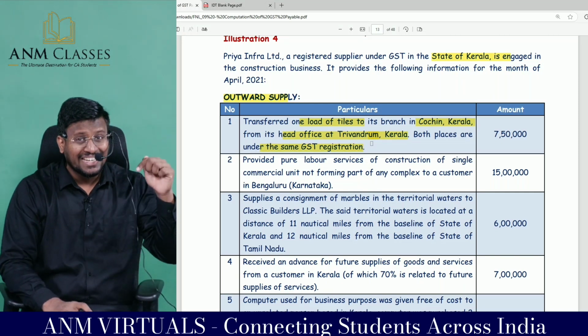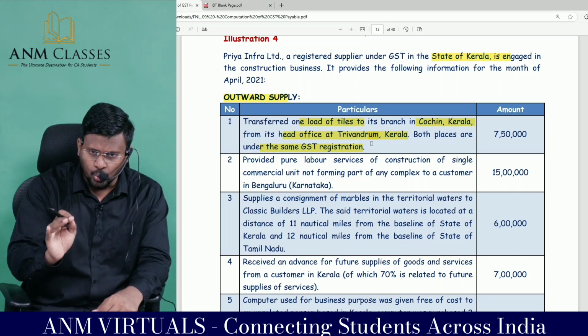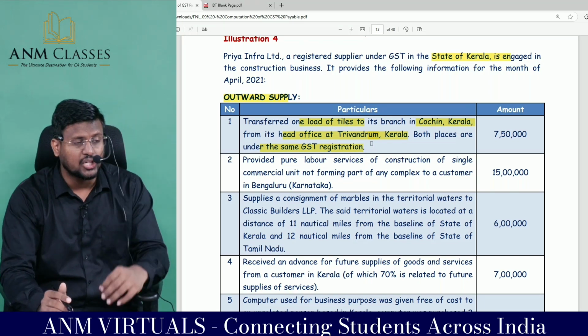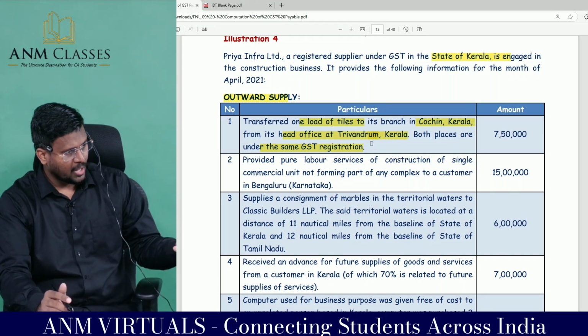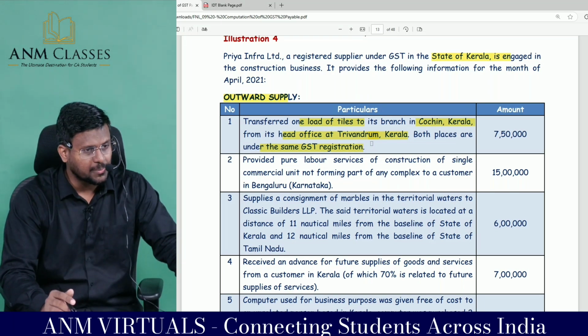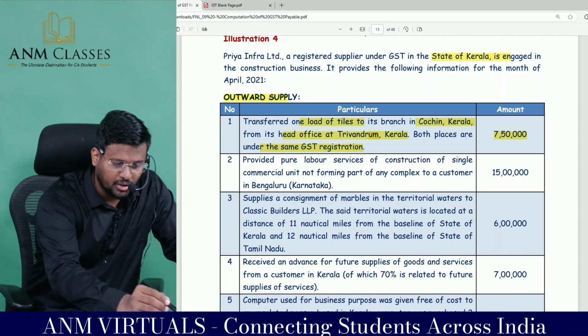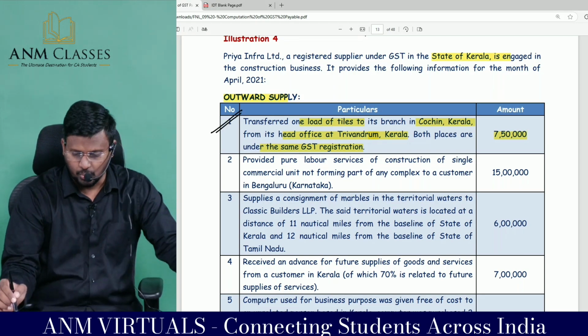So this is an intra-state supply. This will not amount to distinct person under section 25 subsection 4 or section 25 subsection 5. Hence, no need to collect output tax on this 7,50,000 rupees.